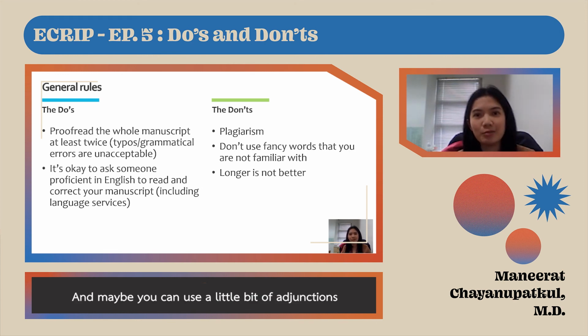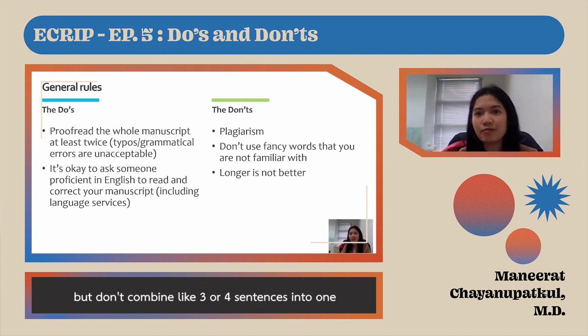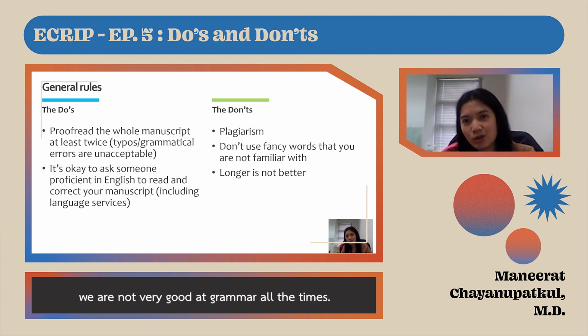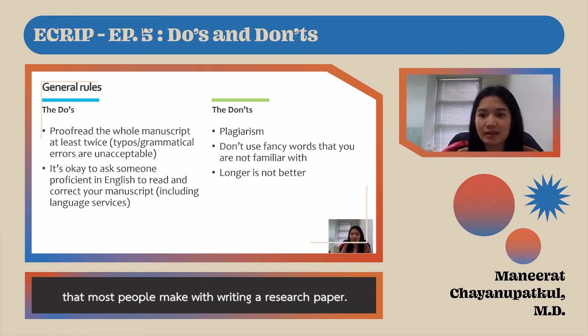And maybe you can use a little bit of conjunction just to make it flow better, but don't combine 3 or 4 sentences into one, because in the end it really makes no sense. Because we are not English speakers, or we are not very good at grammar all the time, and when we try to combine a lot of information in one sentence, it ends up being nonsense. So those are the very common mistakes that most people make when writing a research paper.